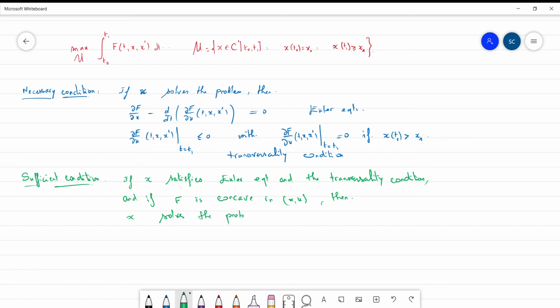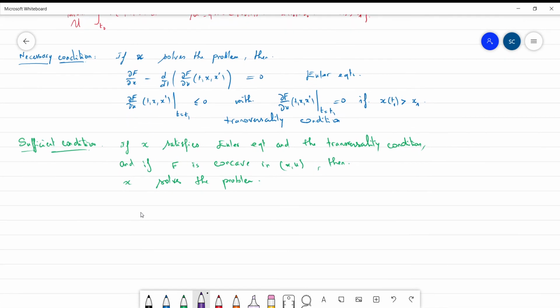So here it's similar to the other situation, just the new thing is the transversality condition. So let's have a practice through an example, solving a problem.